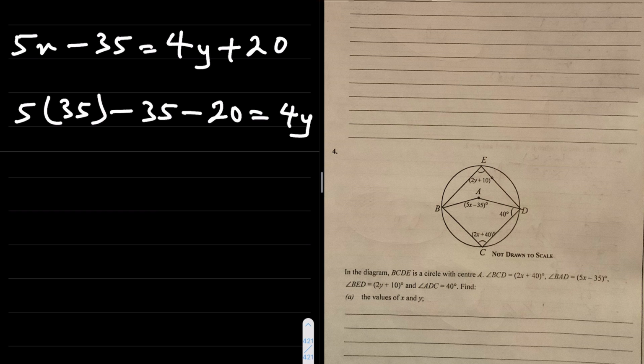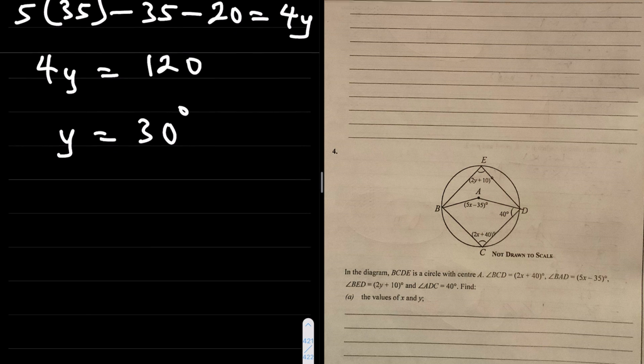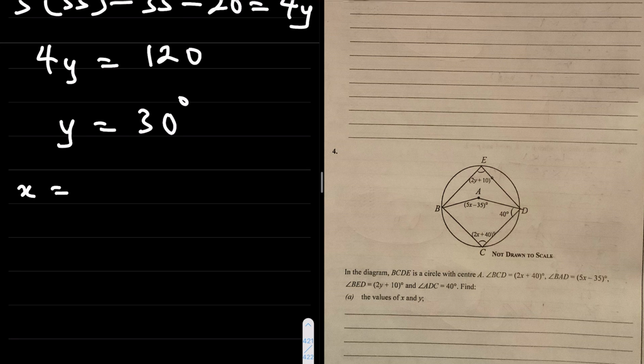That's correct. And 140 minus 20 is 120. So that simply means 4y equals 120, and y is therefore equal to 30 degrees. So x equals 35 degrees and y equals 30 degrees.